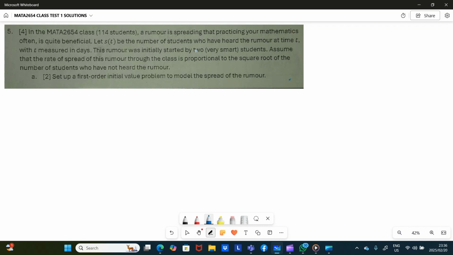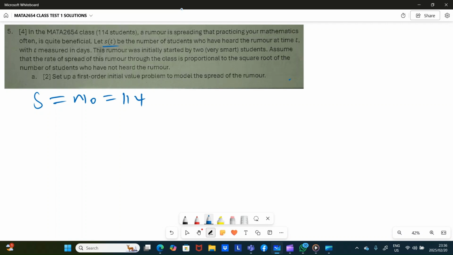They say that in the MATA 2654 class, there are 114 students. So the class has a total of 114 students. Let S denote the number of students, which is 114. A rumor is spreading that practicing your mathematics is quite beneficial.